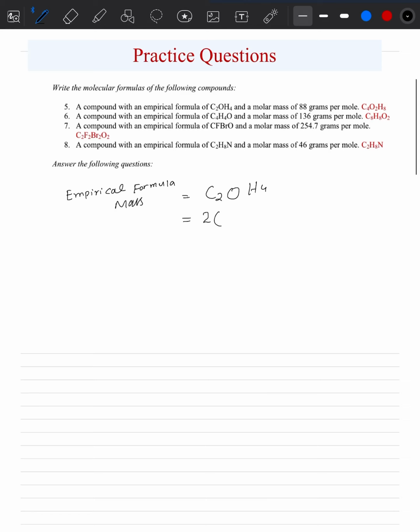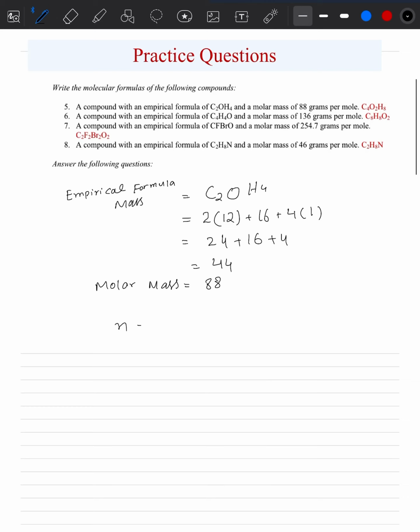So we have 2 carbon, so 2 times 12, plus the mass of oxygen is 16, plus the mass of hydrogen is 1, so it has 4 hydrogen, so we will add them. So 24 plus 16 plus 4, so it will be 44, and the molar mass of the compound is equal to, that is given in the question, which is 88.